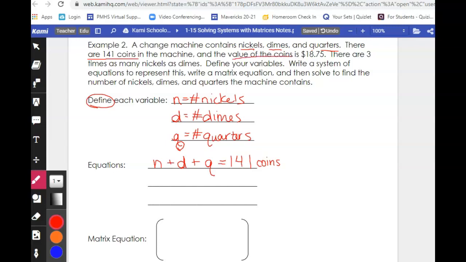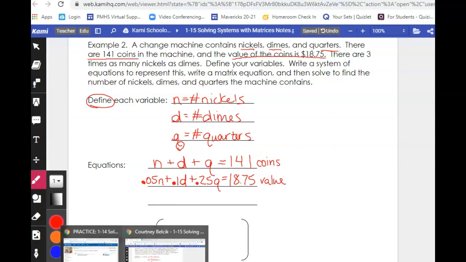The value of the coins is $18.75. That's the value. But I need to have the values of the nickels, dimes, and quarters on the left side of my equation. So the nickel is worth 5 cents. So 5 cents per nickel plus 10 cents per dime, or 0.1, plus 25 cents per quarter.